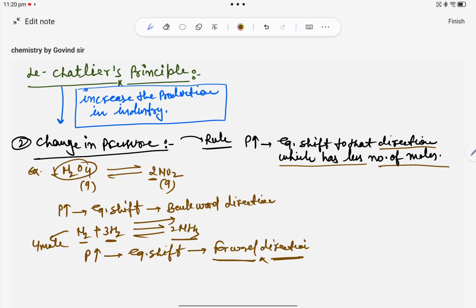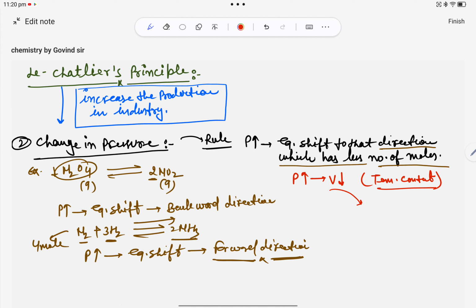So what is the concept behind it, children? Check it. What happens if you increase the pressure? Volume decreases. We are assuming that the temperature is constant. So at constant temperature, if you increase the pressure, the volume decreases.